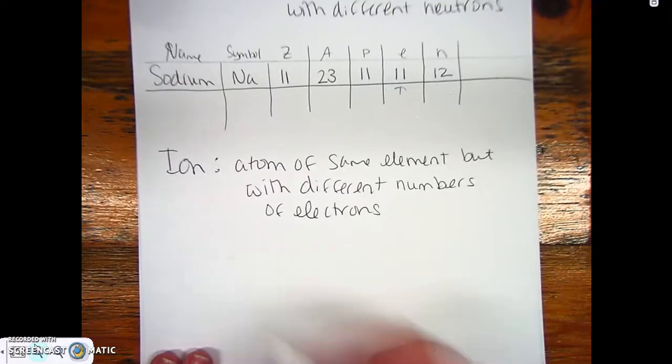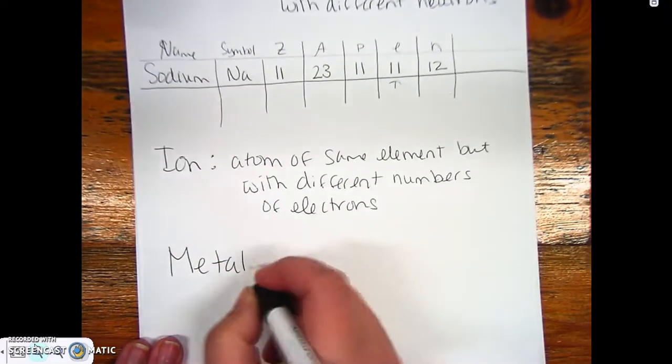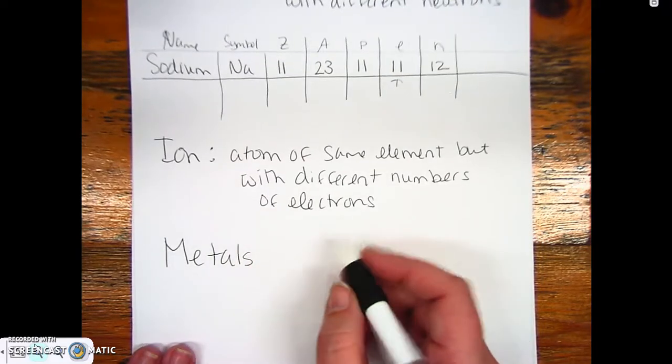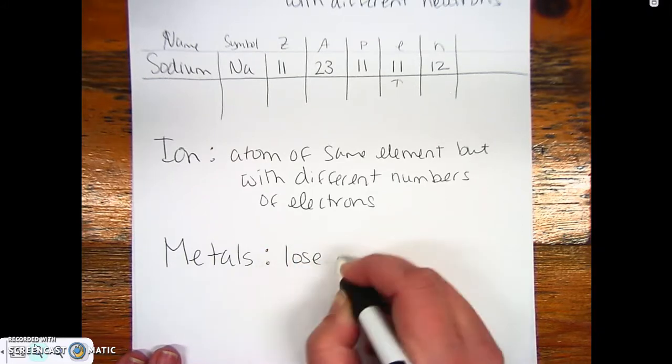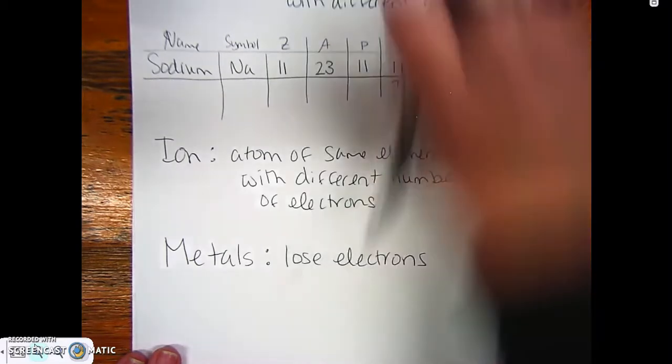So we have metals, which remember are on the left-hand side of the periodic table, and they are going to lose electrons. We'll talk about how many in a second.